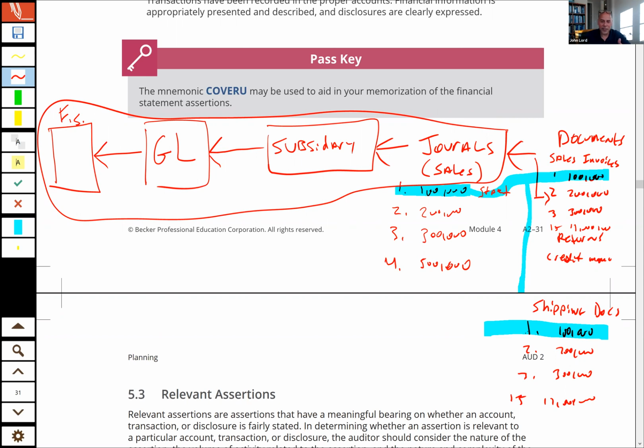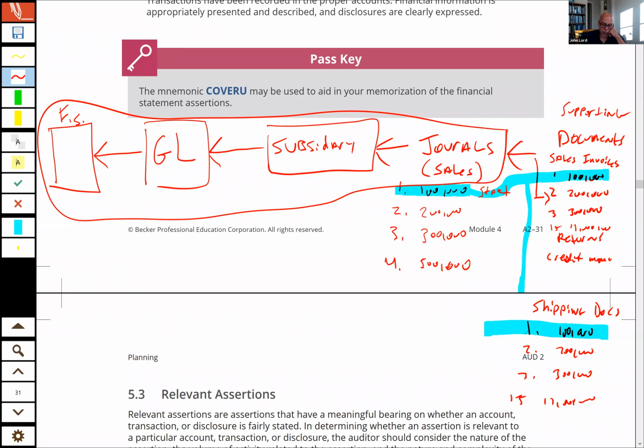They have to have a system that can reliably generate the financial statements. So once I see that all that reconciles, I'll probably start with my journals. I'm starting with the journal, and I'm going and finding the supporting documentation. I'll even put the words supporting documents. It's supporting the things that are in the journals.